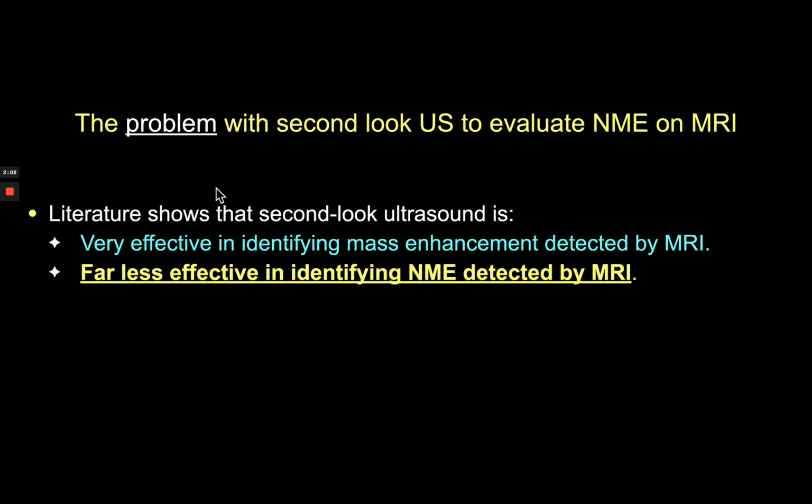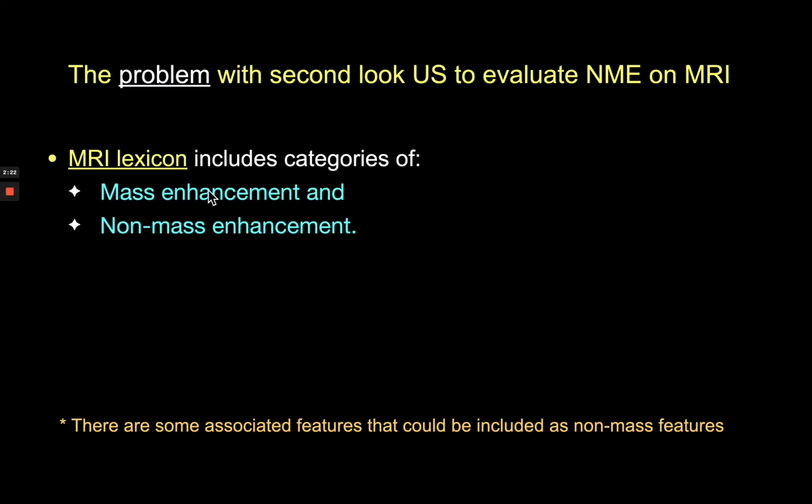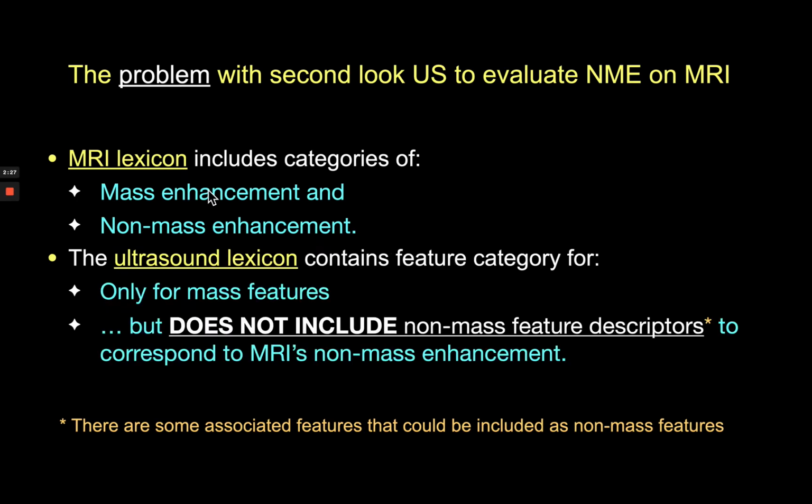Now, the problem with second look ultrasound for evaluating non-mass enhancement on MRI is that the literature shows that second look ultrasound is really pretty effective in identifying mass enhancement detected by MR, but it's far less effective in identifying the cause of non-mass enhancement detected by MR. And I think the basic problem there is the MR lexicon includes categories of mass enhancement and non-mass enhancement, but the ultrasound lexicon contains feature categories only for mass features. It doesn't really include non-mass feature descriptors.